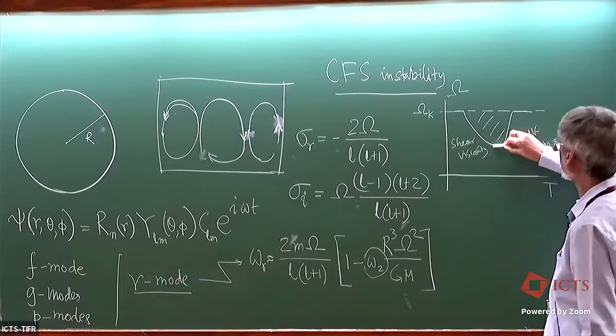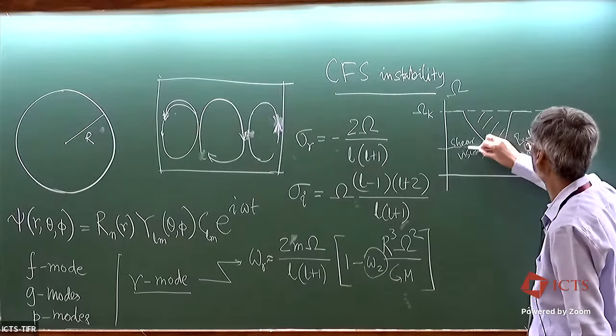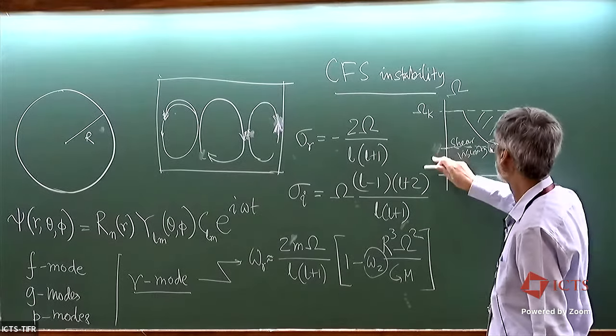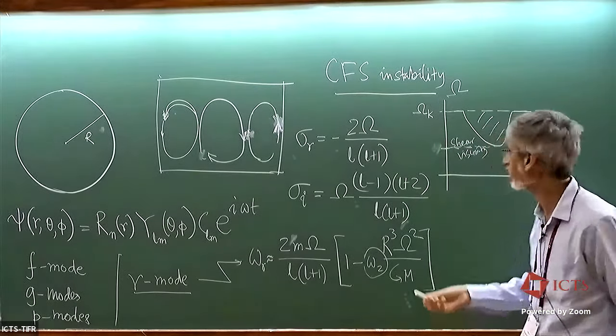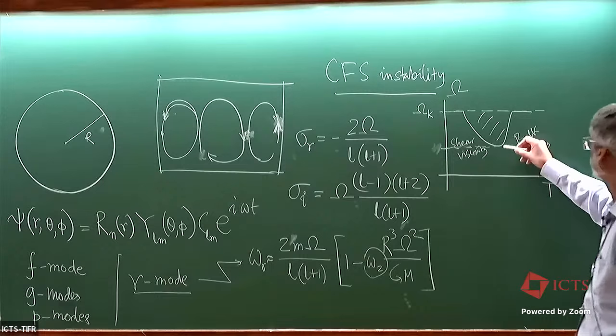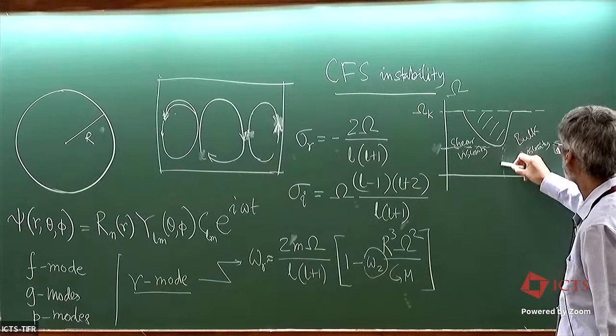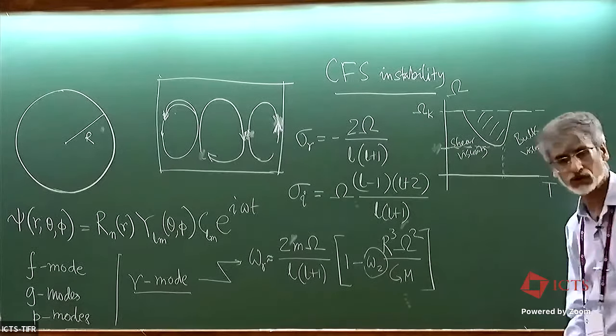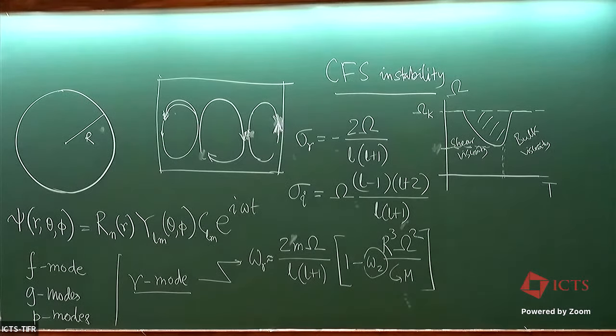Typical numbers here: this is something like 30 to 40% of the fastest possible rotation. And this temperature is close to 10^10 Kelvin.